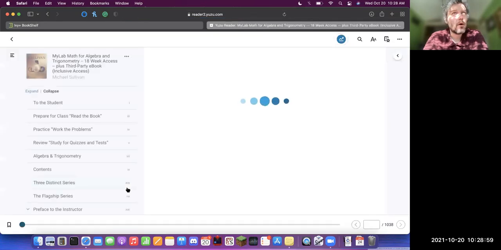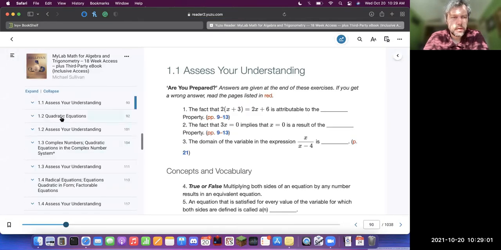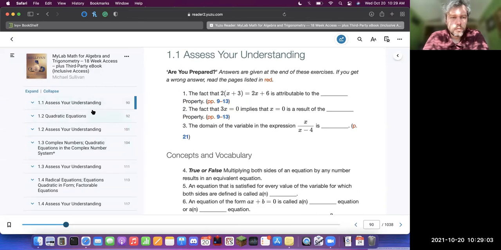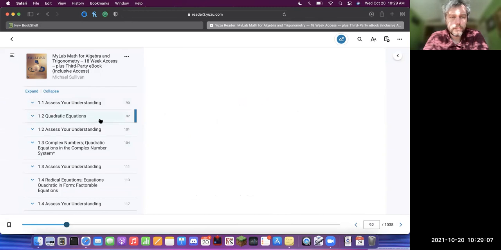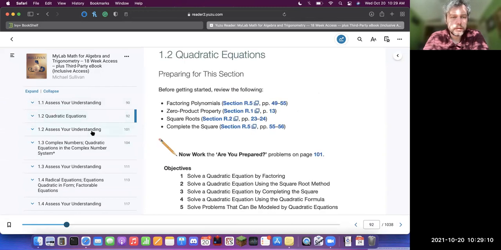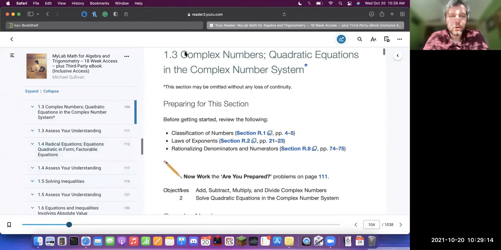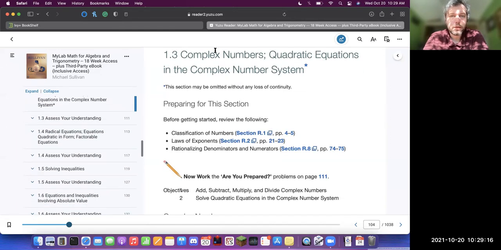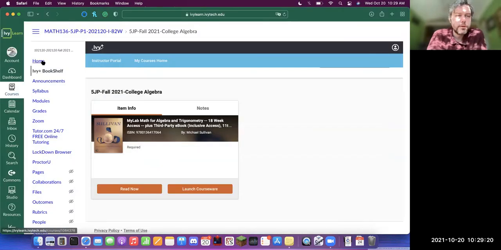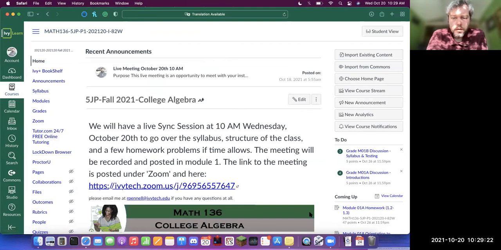It'll take a second to load. This is if you only want to look at the textbook. 1.1 is just getting you there, and then 1.2 quadratic equations, 1.3 complex numbers, and so on. That'd be another way to get to the textbook. Thank you. You should be able to see that from your point of view, I hope.